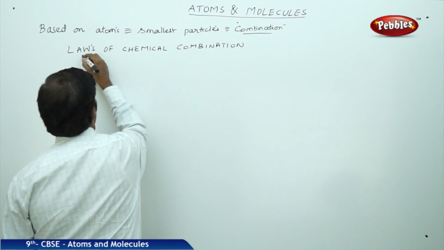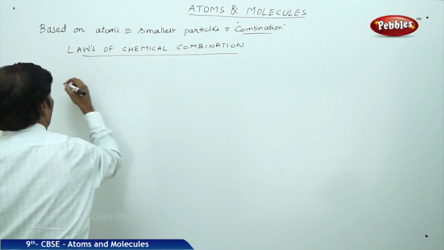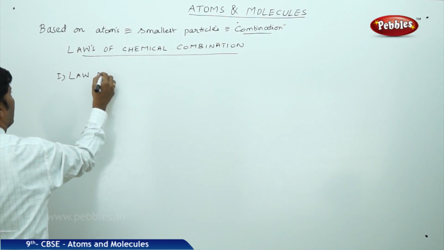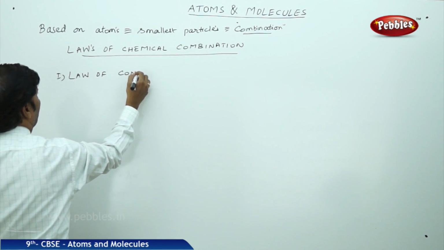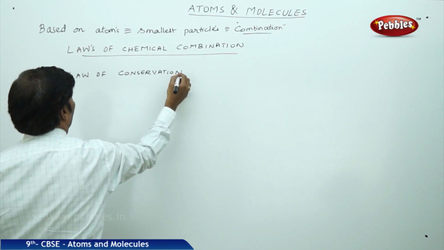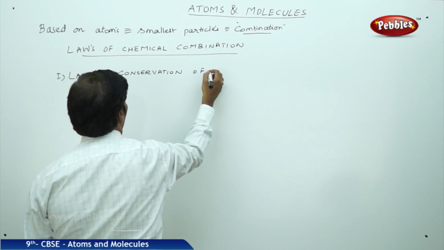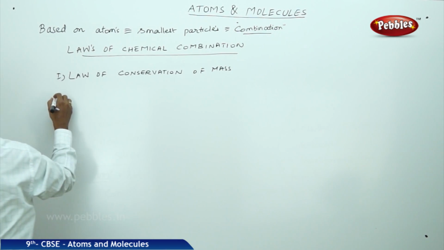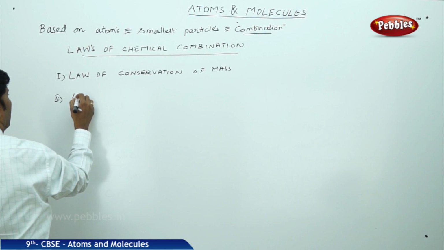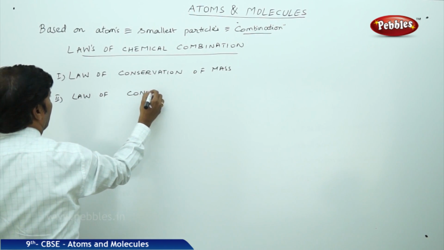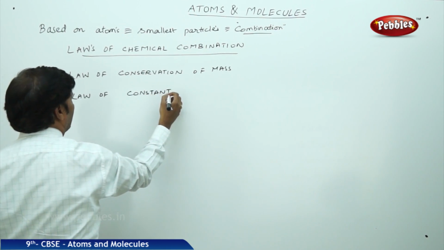If you go for laws of chemical combination, here first one is law of conservation of mass. Law of constant proportion.